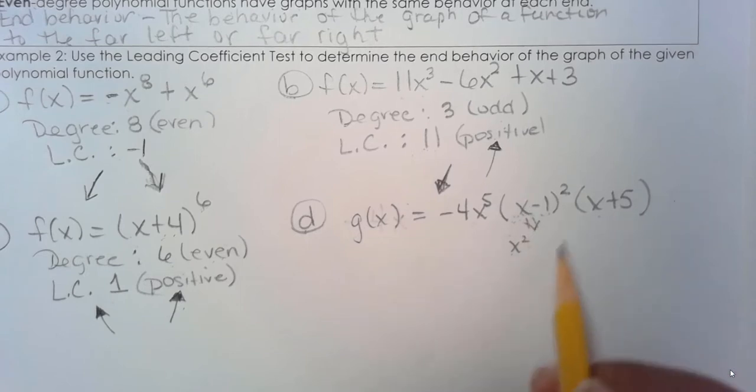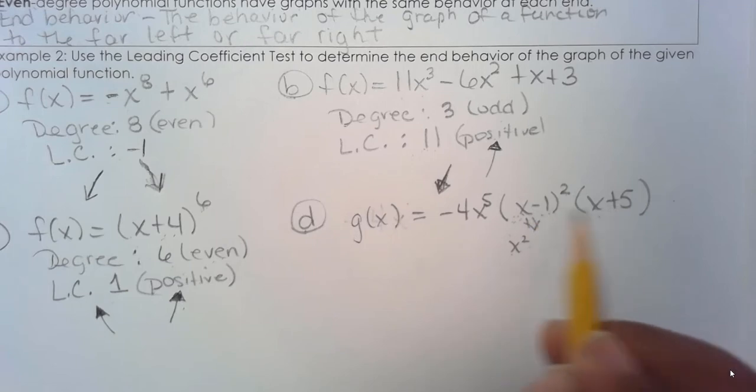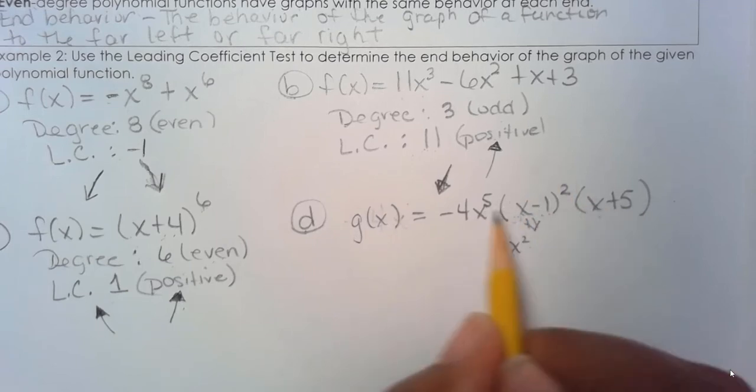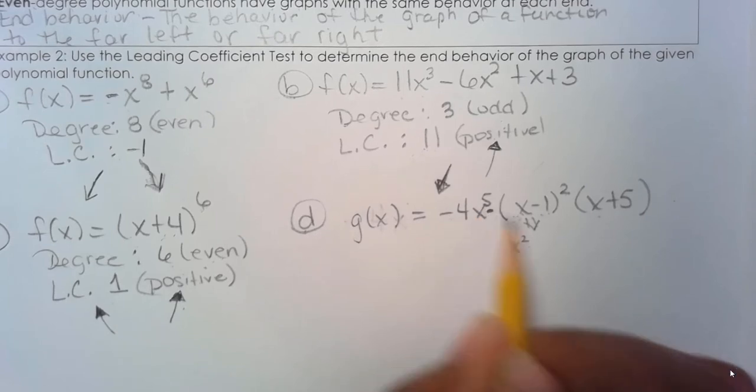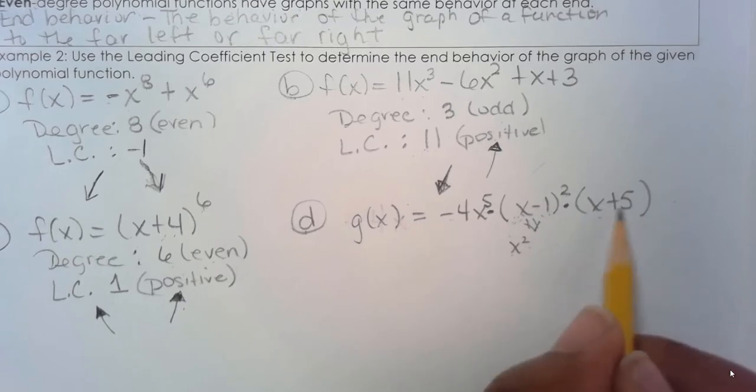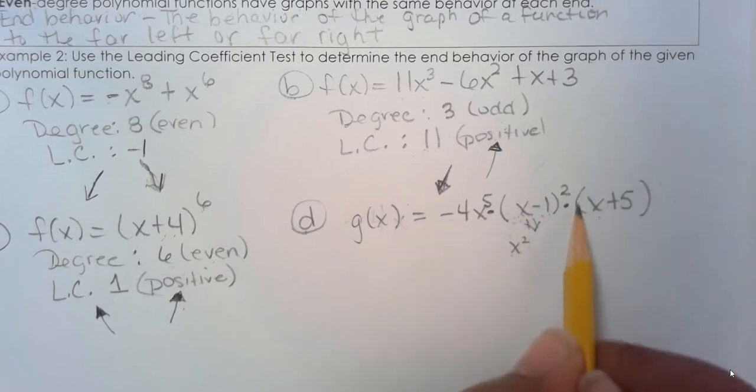Okay, so you do not have to multiply it out, but since we have all factors here, this is -4x to the 5th times the quantity of x minus 1 squared times x plus 5. Let's look at the exponents to each quantity.